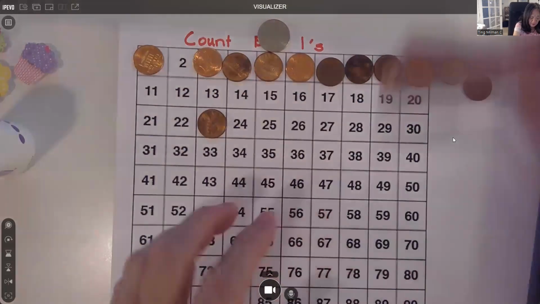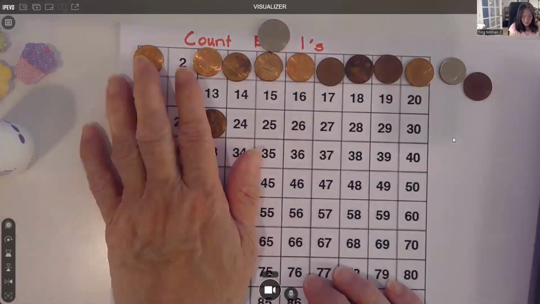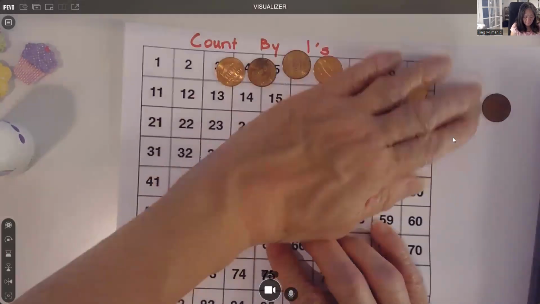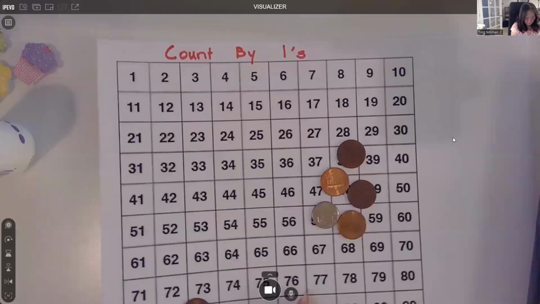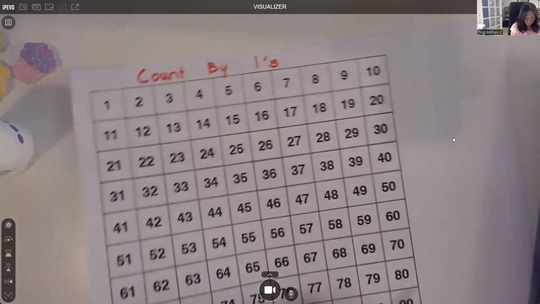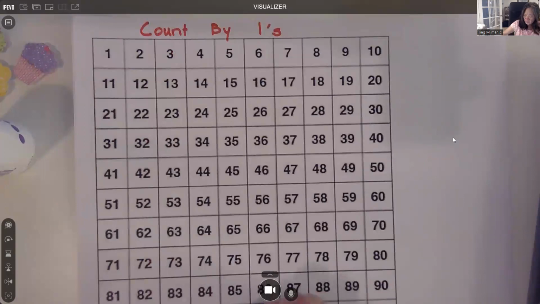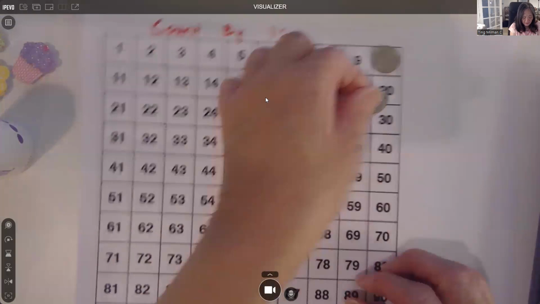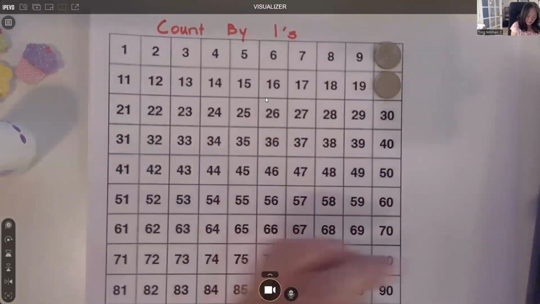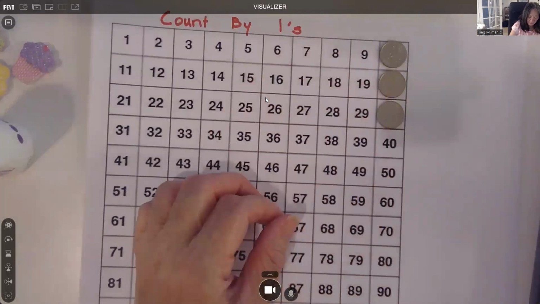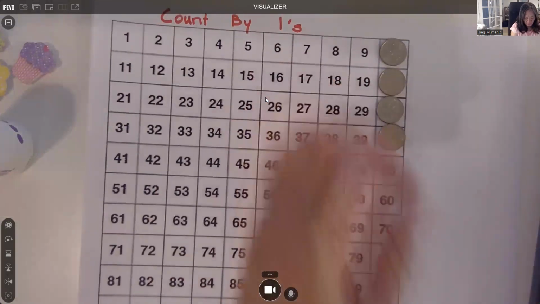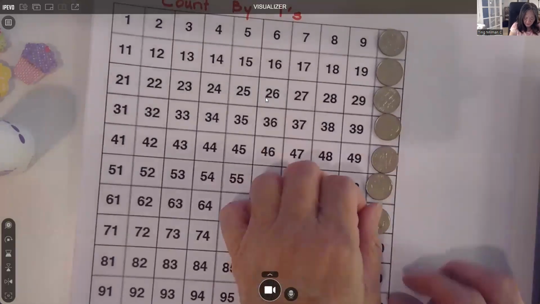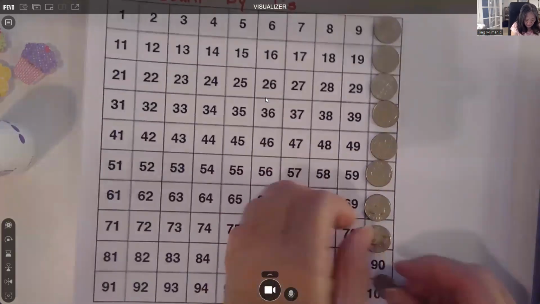And then we are going to our next counting, which is counting by tens. So we're going to use our dimes right here. And we go 10, 20, 30, 40, 50, 60, 70, 80, 90.